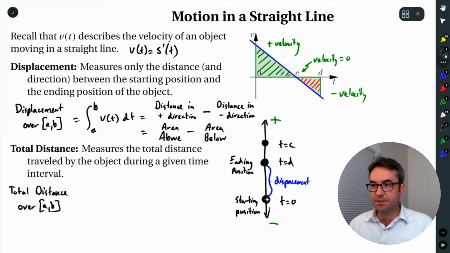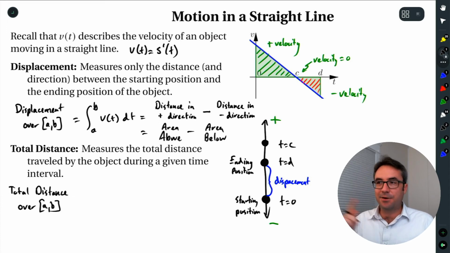So the total distance for this object would capture how much distance we traveled up, and also how much distance we traveled down, and just add those two together. It strips away any consideration for direction. We went up this much, and then we went down this much, and we just add those two distances together.